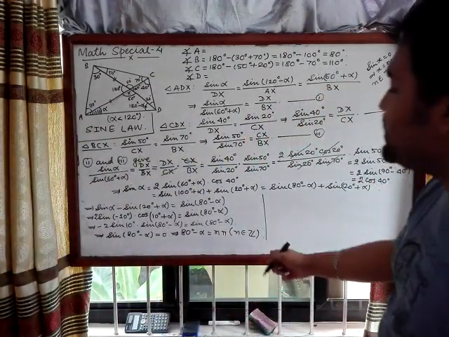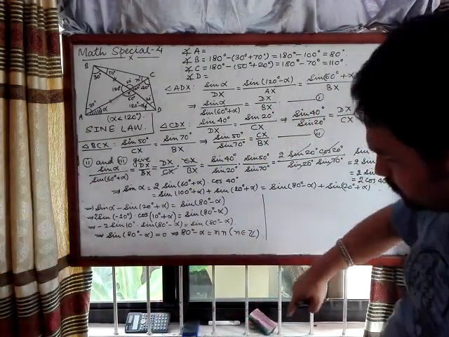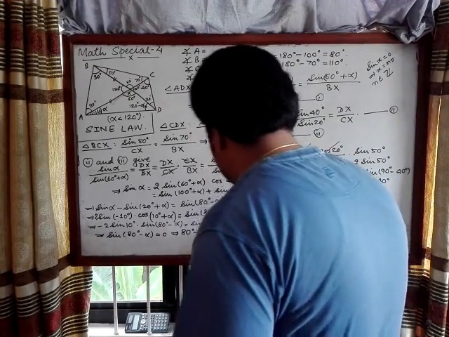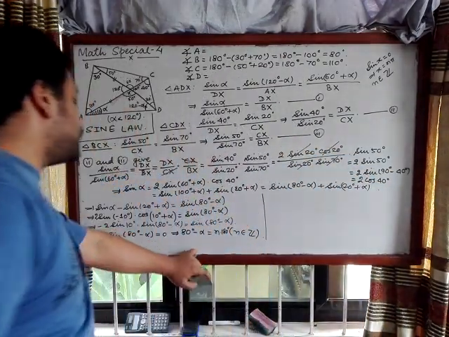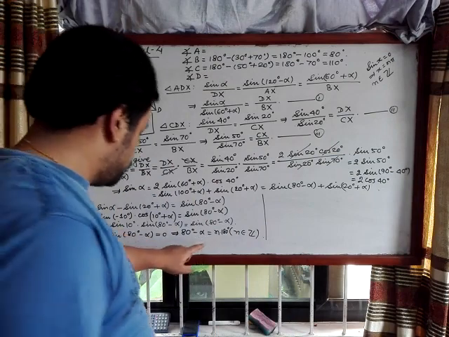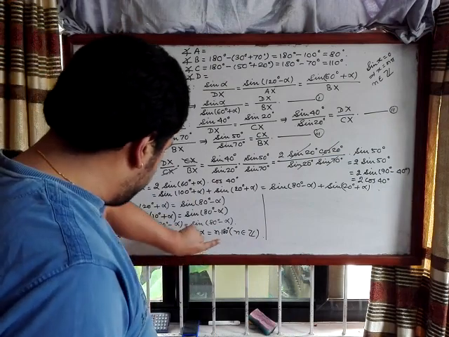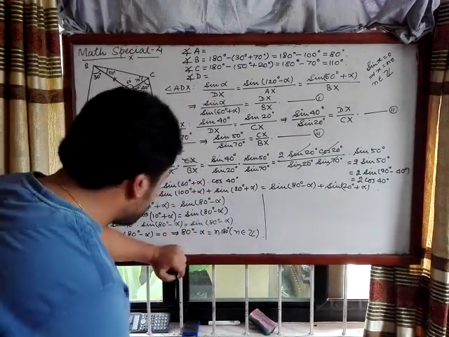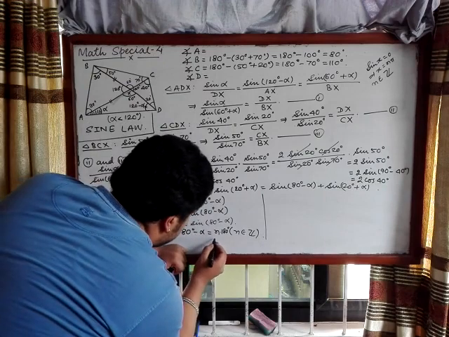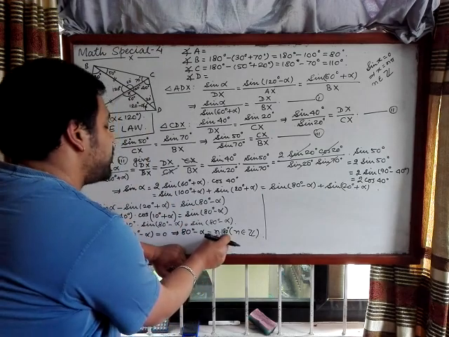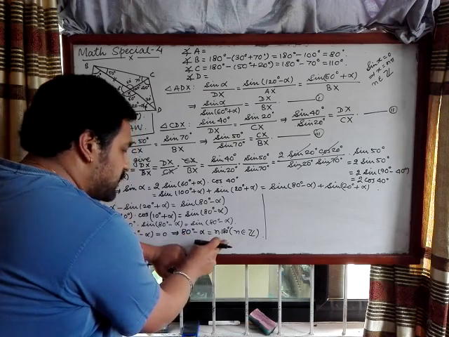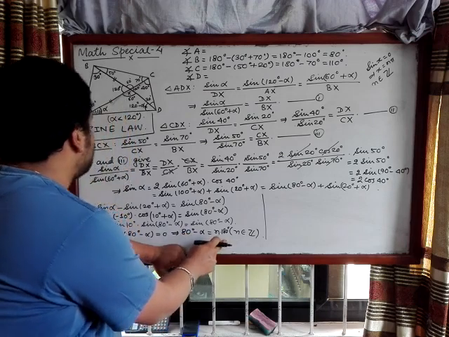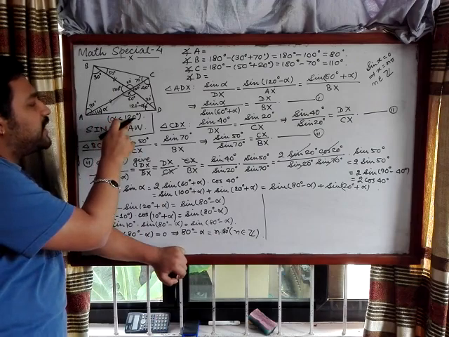But n pi means multiples of 180 degrees. If we take negative integers, you'll get 80 plus some multiple of 180, which will be greater than 120 degrees.